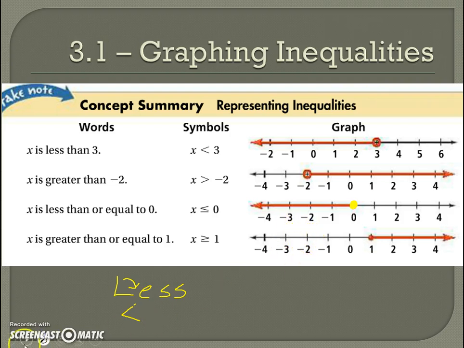And sometimes I get students who are like, why are there two different things? If x is less than 3, why not just make it one sign, so that we could say, well, x is less than or equal to 2. Well, these two things do not mean the same thing, because here's why. Is there a number that is between 2 and 3?